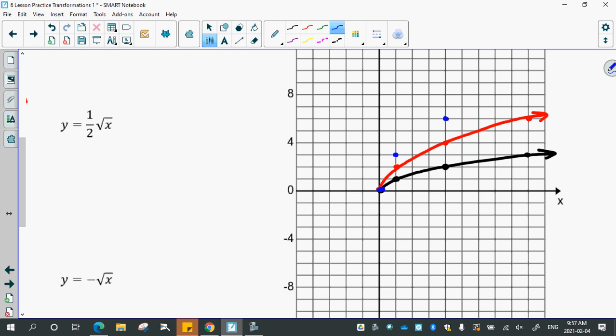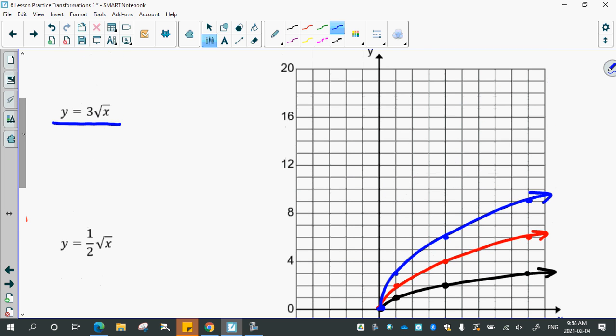And then normally we go over 5 up 1, so we're going to go over 5 up 3. Okay, so that's stretched even more compared to the parent. So that's going to be a vertical stretch by a factor of 3. So we'll write that out here, a vertical stretch by a factor of 3.